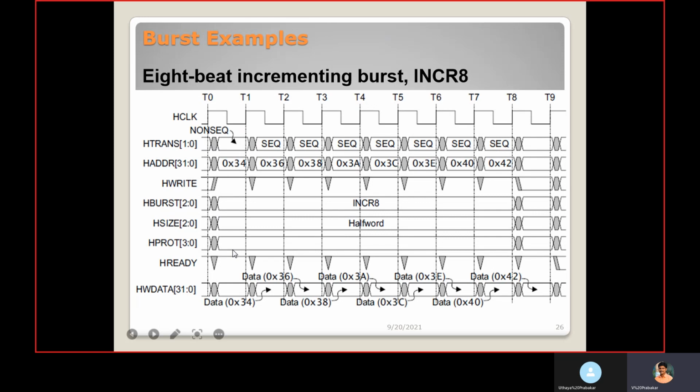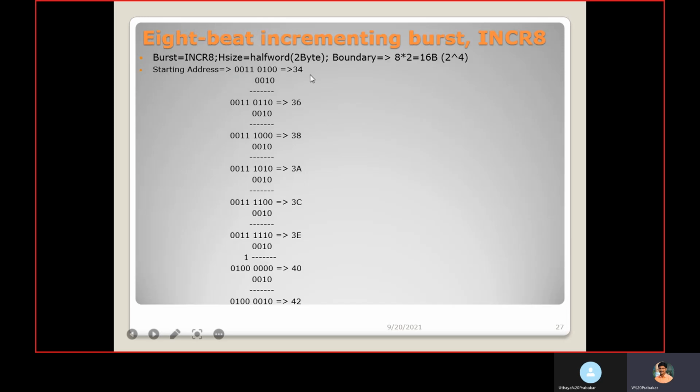For this, how will it calculate the next address? First, it calculates the boundary: increment 8 into 2 for half word, we will get 16 bytes, nothing but 2 power 4.